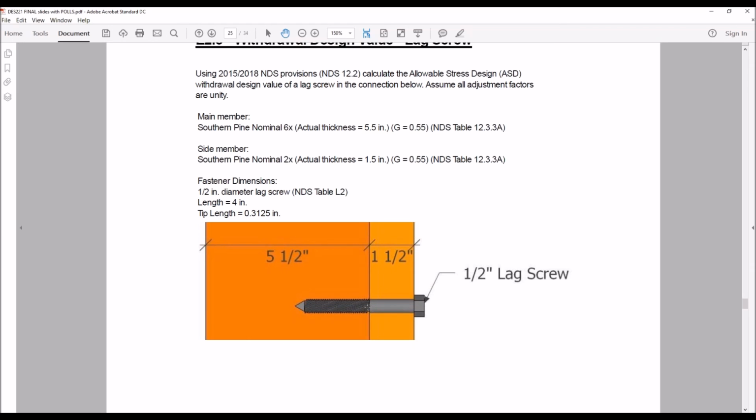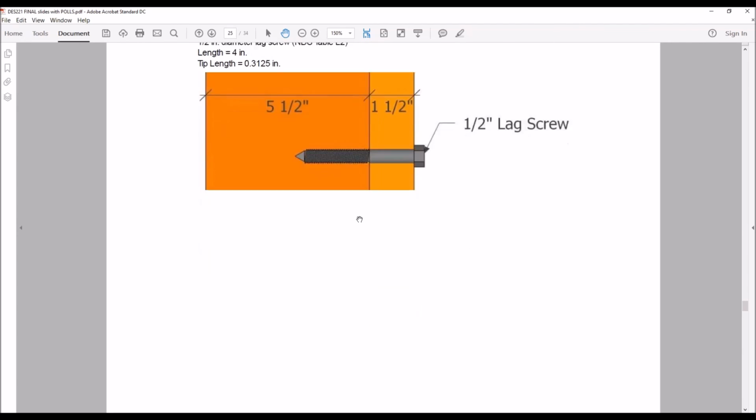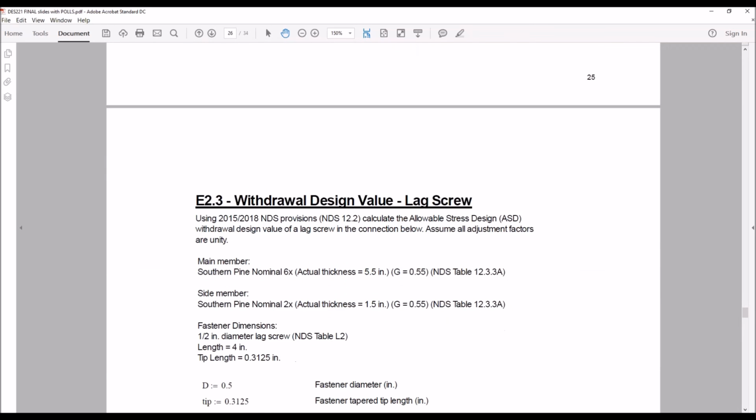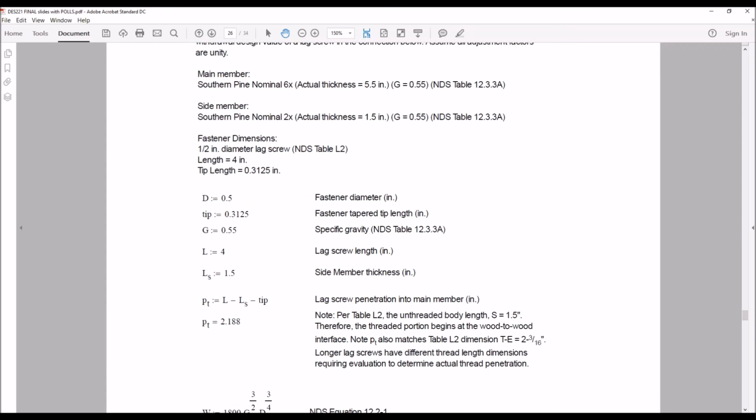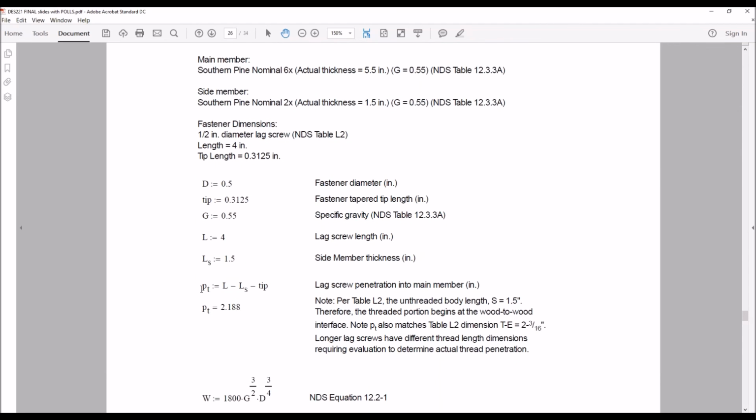So your main member thread penetration would be reduced. It would not be that T minus E length that we find in the NDS appendix. And that's why we did this analysis here of the lag penetration into the main member. That's a good question.